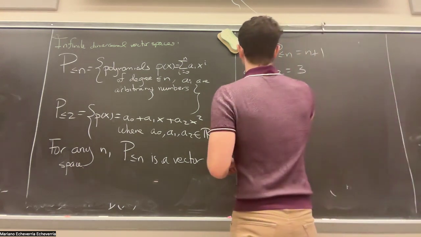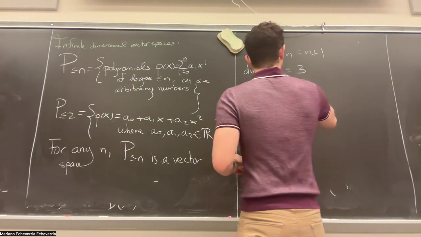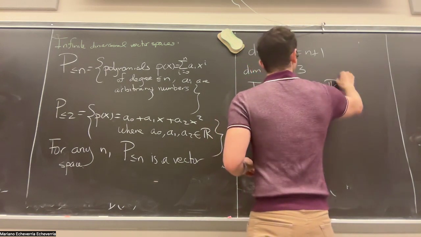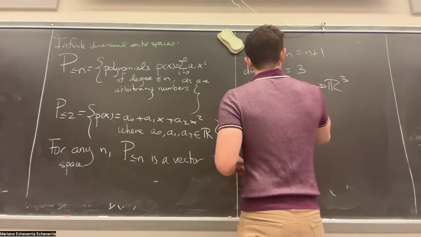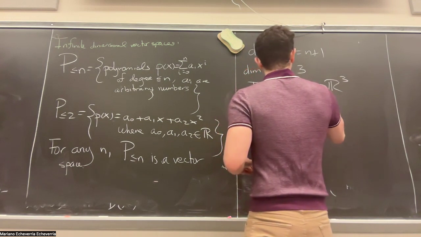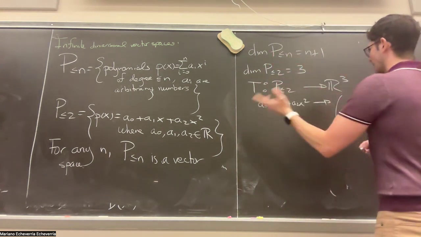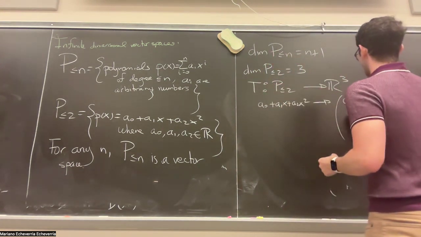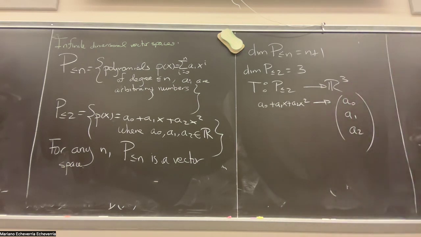There's an isomorphism T to R3, which takes a polynomial a naught plus a1x plus a2x squared and sends it to the coefficients, the constants in front of the powers of x. And that is a bijection, a linear transformation, invertible, and so on.